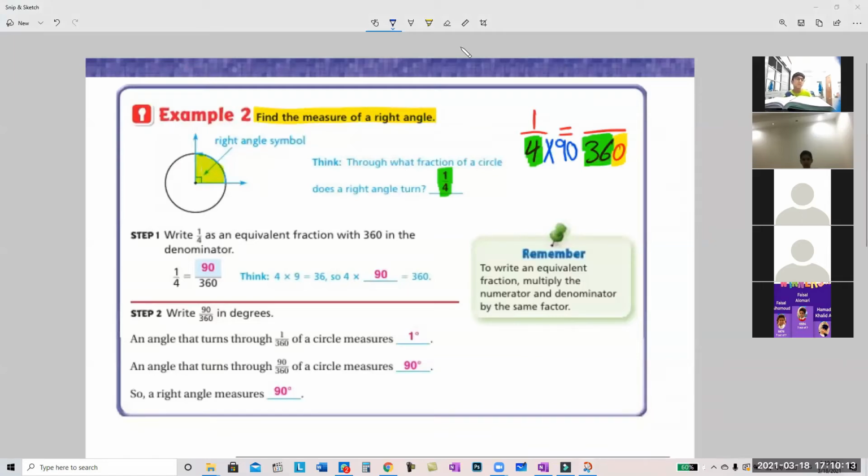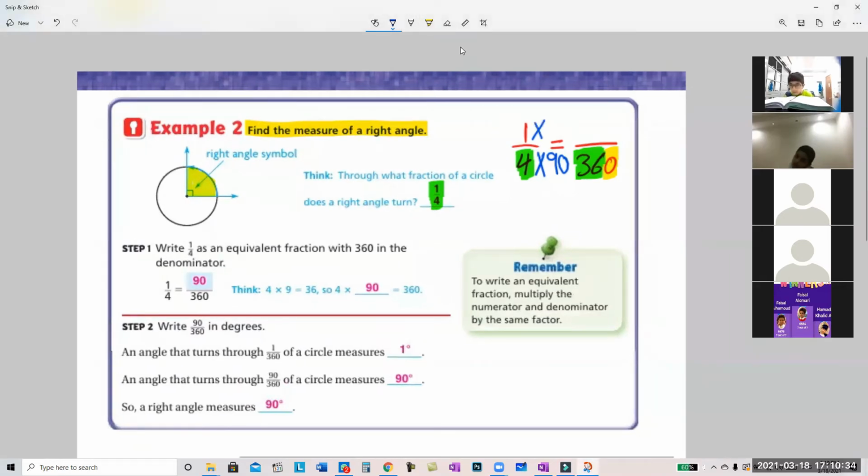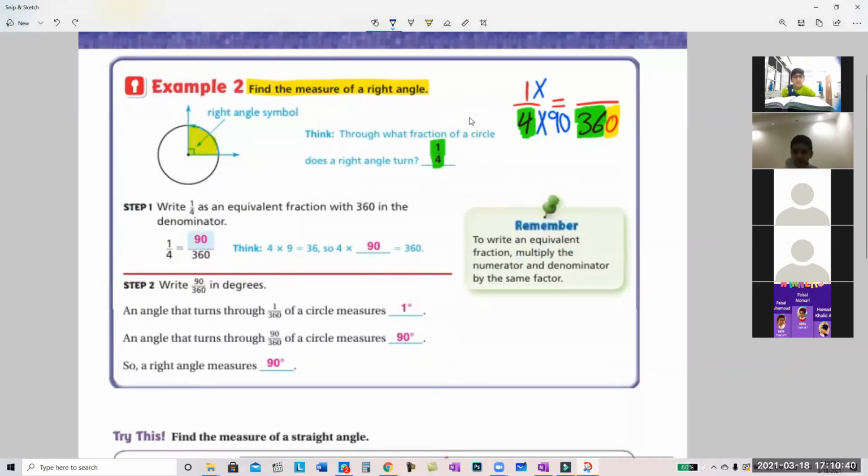So now we're going to multiply as we learned before. You have to multiply up the same as you multiplied down, right? So as you did down, you have to do the same up, right, Fahd? Yes. Okay, so what are we going to multiply by up here? By 90, because we multiplied by 90 down. So 1 multiplied by 90 equals what here? Equals 90.